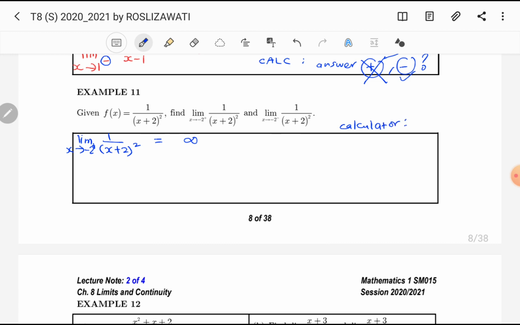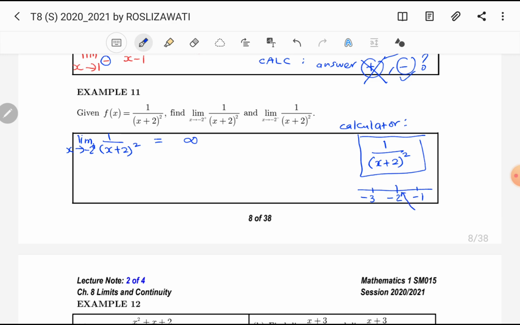Sebab jawapan kita infinity ni. So, kita kena masuk dalam calculator 1 over x plus 2 squared. Okay. Yang kita nak tengoknya dekat negatif 2. Ini negatif 1. Ini negatif 3. Okay. Yang first yang saya tengah kira tu negatif 2 from positif. Kat sini.